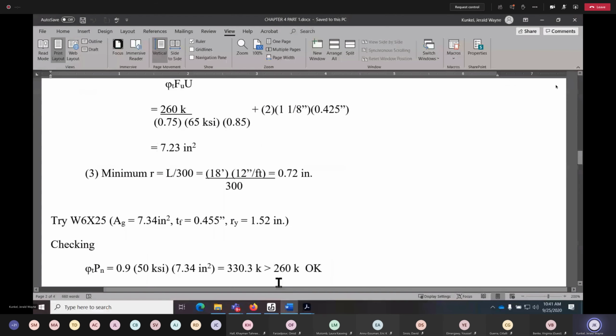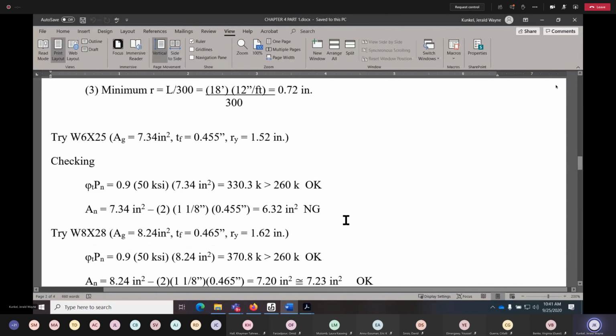So that's what I got, 1.52. Now this becomes an analysis problem, all right? We need to check what's the capacity, what's the nominal strength of a 6 by 25, first of all, based on the gross area.